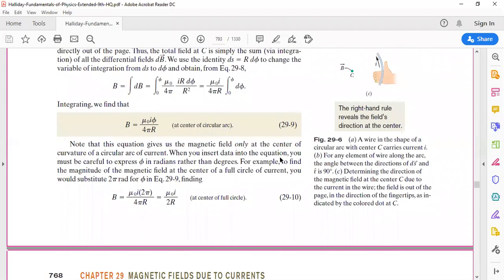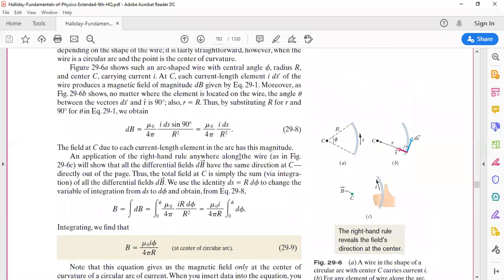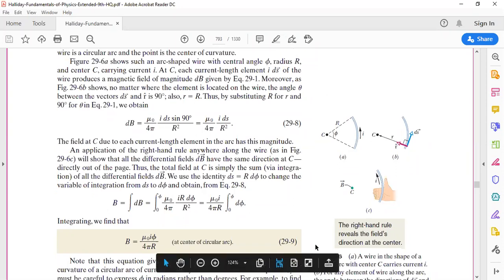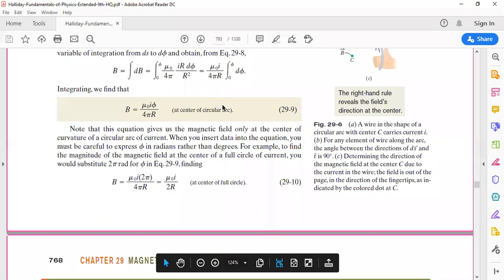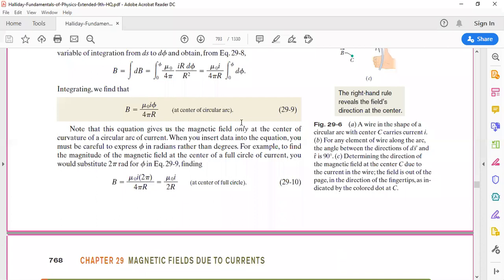So if you are given 90 degrees, meaning half circle, semicircle, if you increase the length of the arc in this direction, the angle will become 0 to pi.